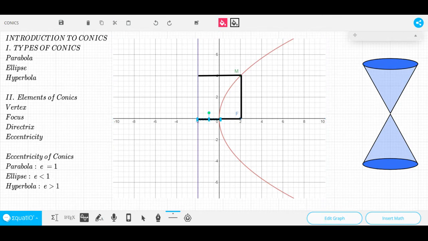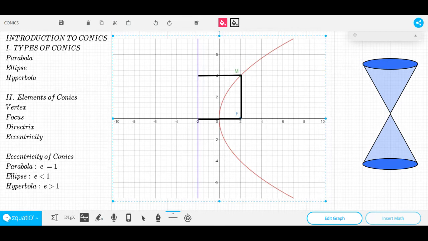So most of you must have realized that the length of MF is equal to the distance from M to the directrix, which is why the eccentricity, being MF over the distance from M to the directrix, for a parabola is equal to 1.